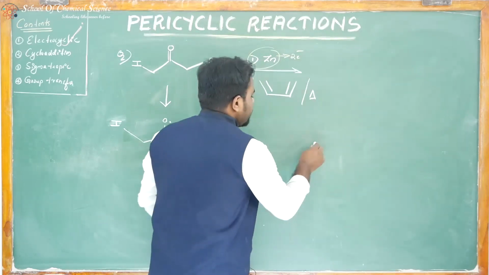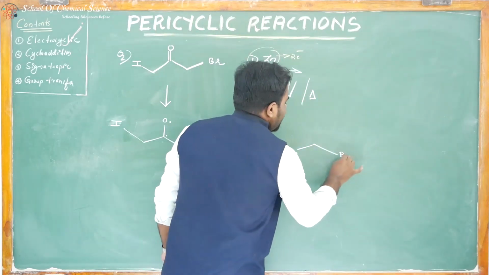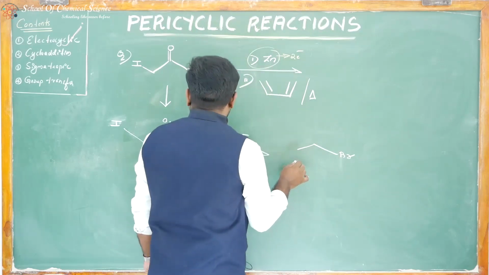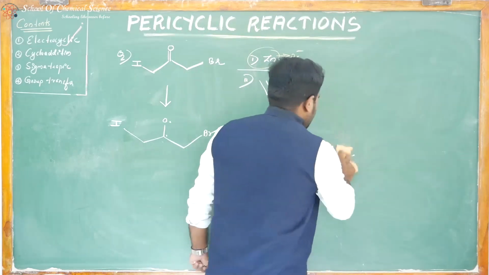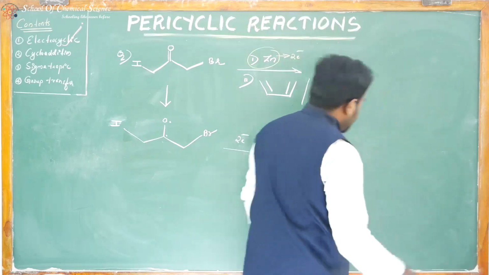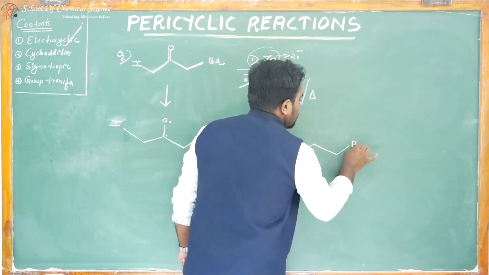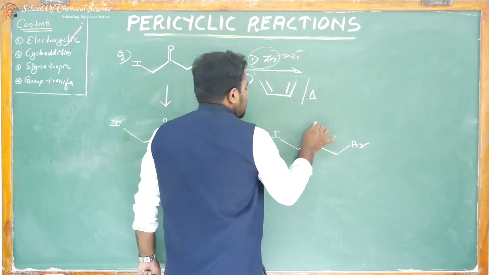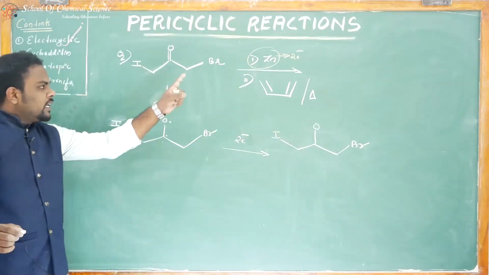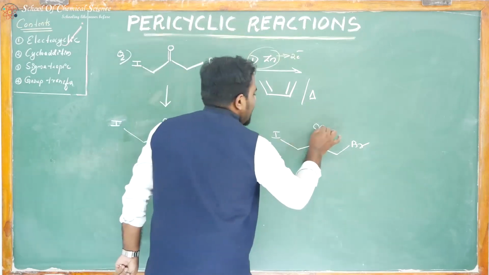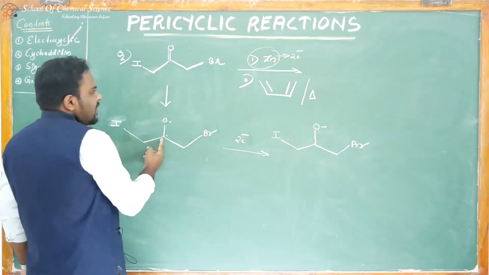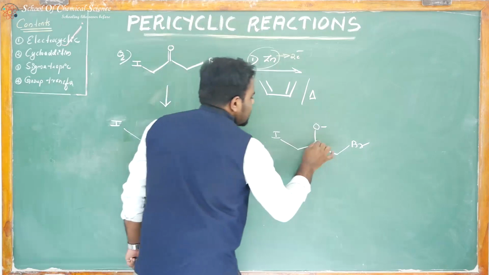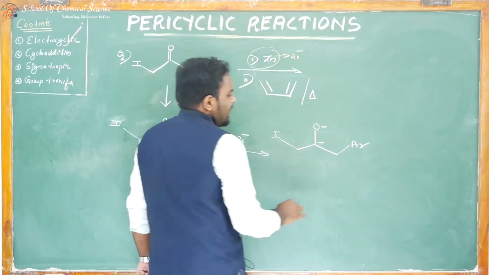The next step, bromine, here iodine. This is O radical, the 1 electron from zinc, then it becomes O minus. This is carbon radical, 1 electron from zinc, this becomes carbon minus.